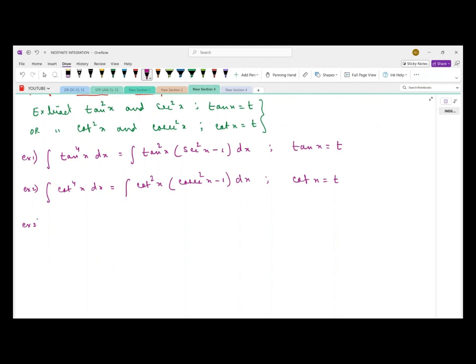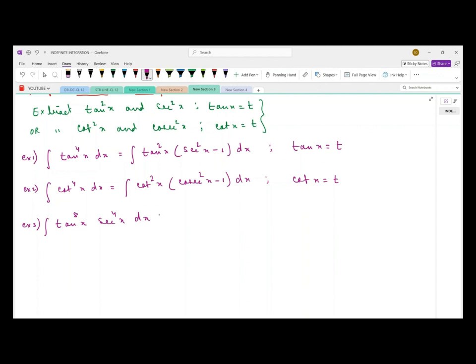Example 3, where you have, say, tan 8x and sec 4x dx. So here again we are dealing with even power of sec. That is the first case. So somehow we have to extract tan square x and sec square x.